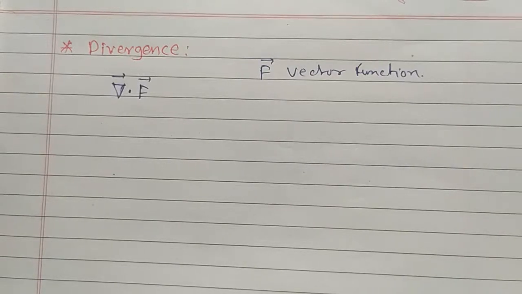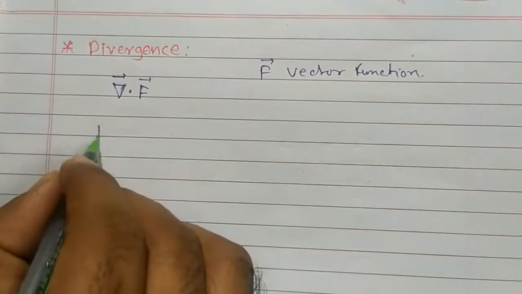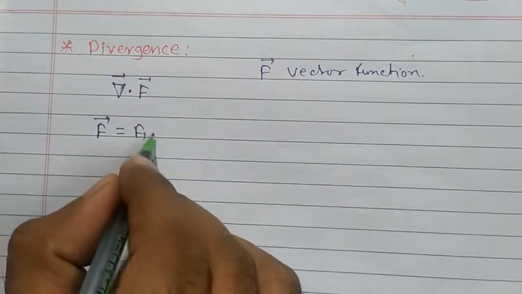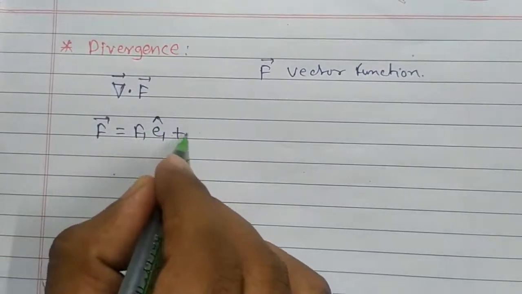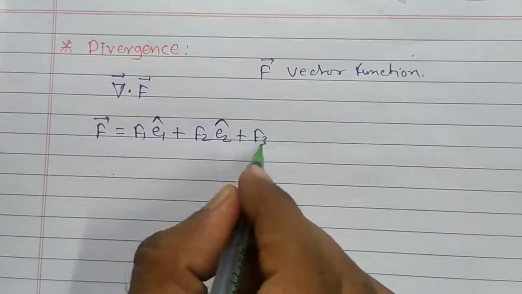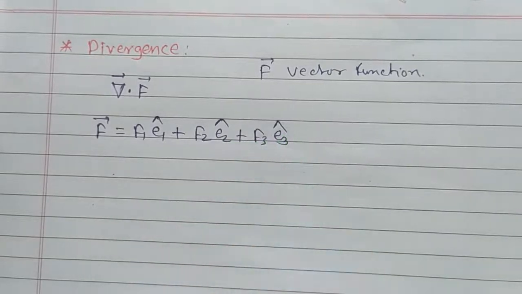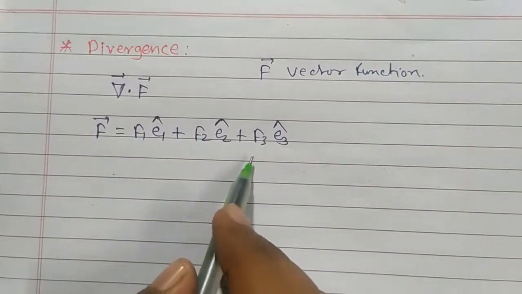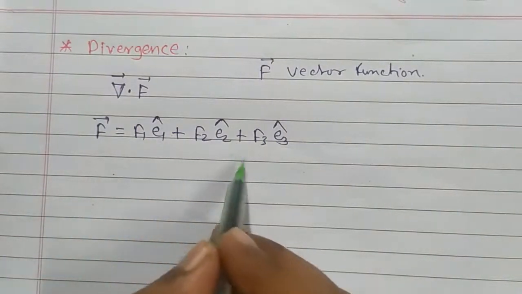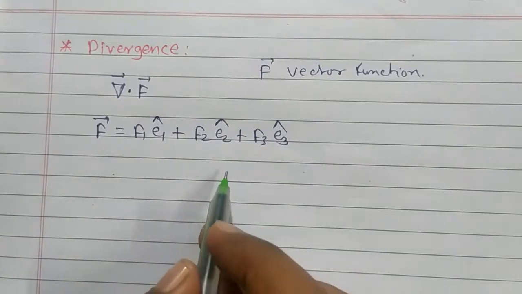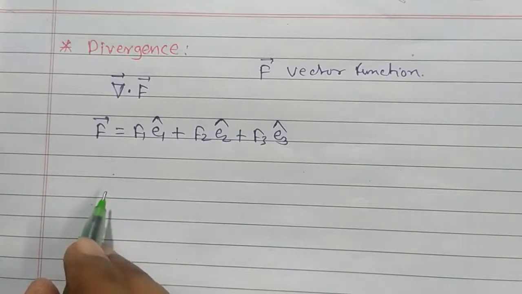Now I can write f bar as f1 e1 cap plus f2 e2 cap plus f3 e3 cap, where f1, f2 and f3 are the components of the function f bar along e1 cap, e2 cap and e3 cap.